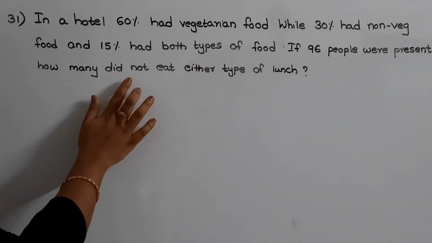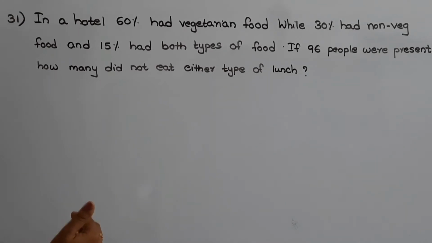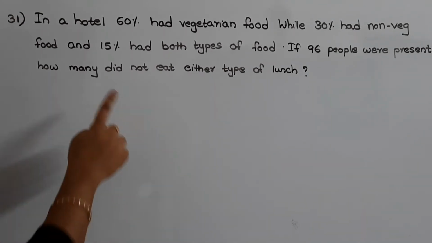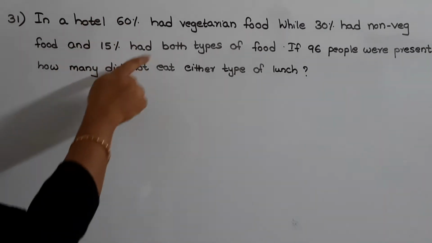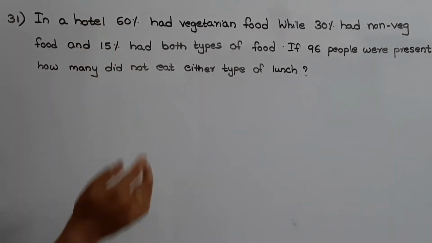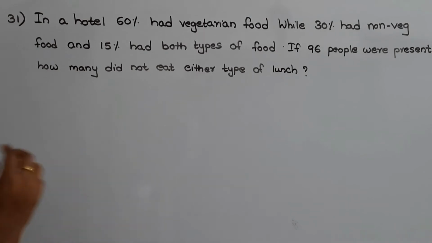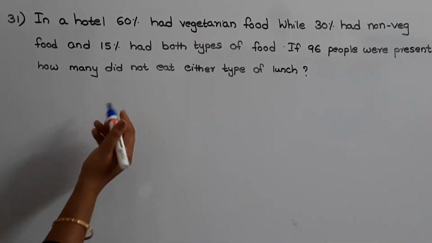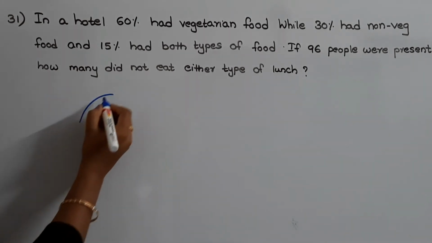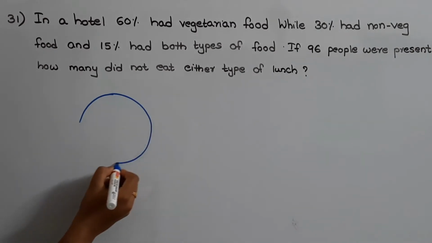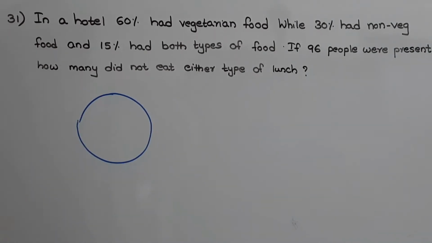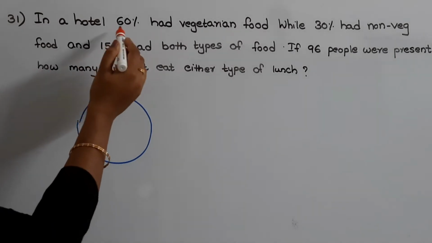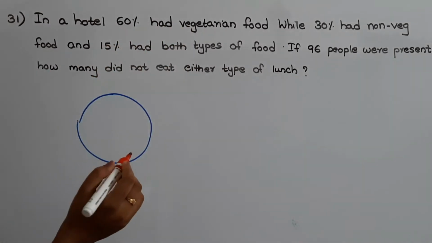Okay, so in order to find this, first we need to find out the percentage of the members who did not eat either type of lunch. In this question all the values are given in terms of percentage. So let us consider the total number of members present in the hotel as 100. So 60% had vegetarian food.